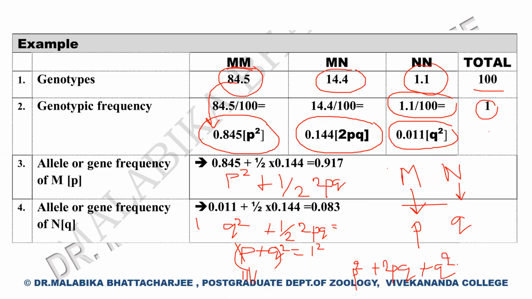So this is a rule that you should keep in mind. The allelic frequency for a given gene should add up to 1. The genotypic frequencies for a given gene should also add up to 1.